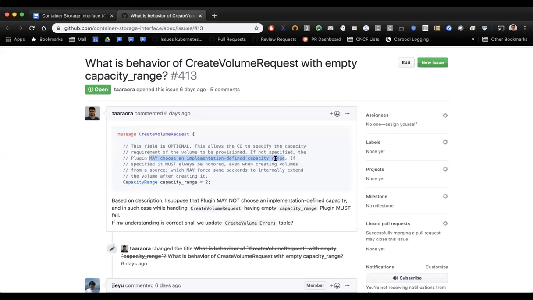I think it seems perfectly reasonable to be able to return an error on that call. Anyone else have thoughts on it? Yeah, what error code will it be? That's the question. Like invalid argument? Invalid argument seems reasonable. Basically, the SP expects something and it's not there. Okay, that's fine.